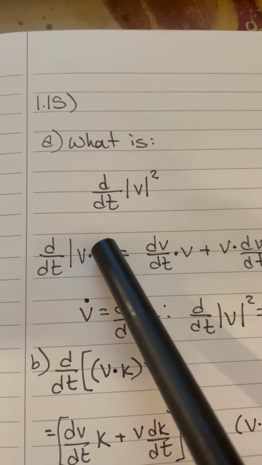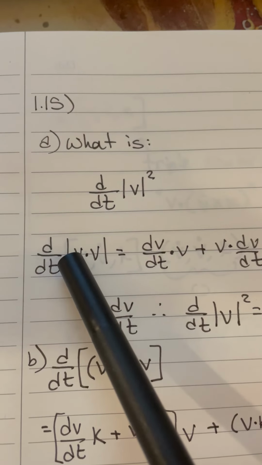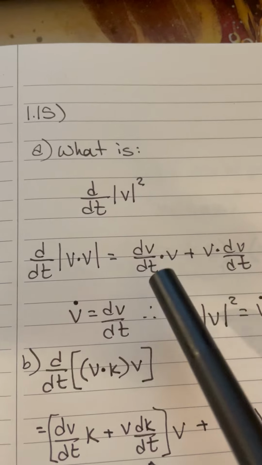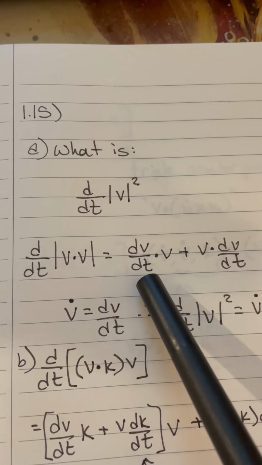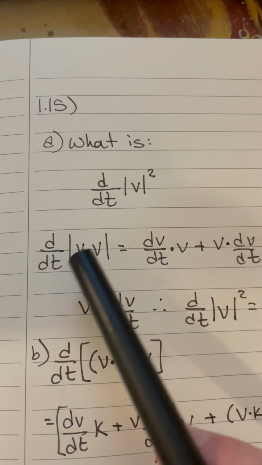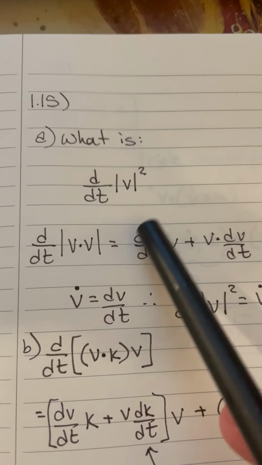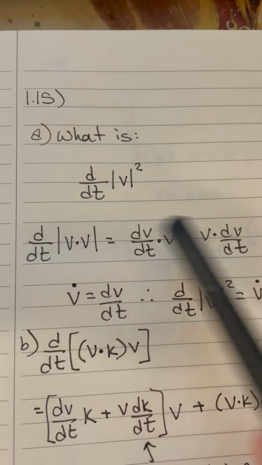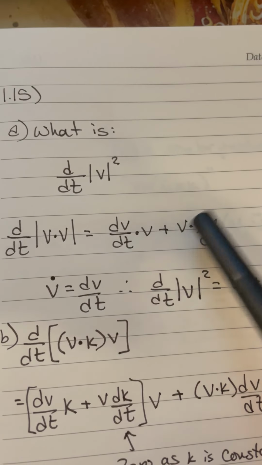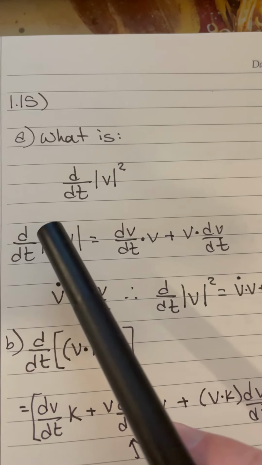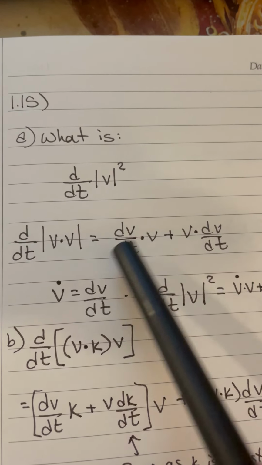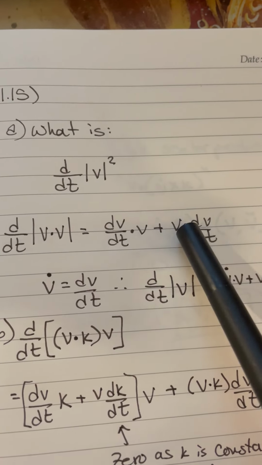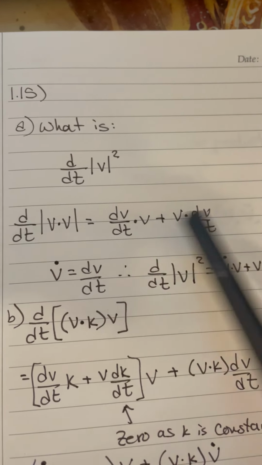And since both of these are in terms of t, they're functions, when you do the derivative, you have to do the product rule. So dv/dt times v, the derivative of the first thing times the second, plus v times dv/dt. In other words, this is the derivative of the first function times the second function plus the first function times the derivative of the second function. They just both happen to be the same.